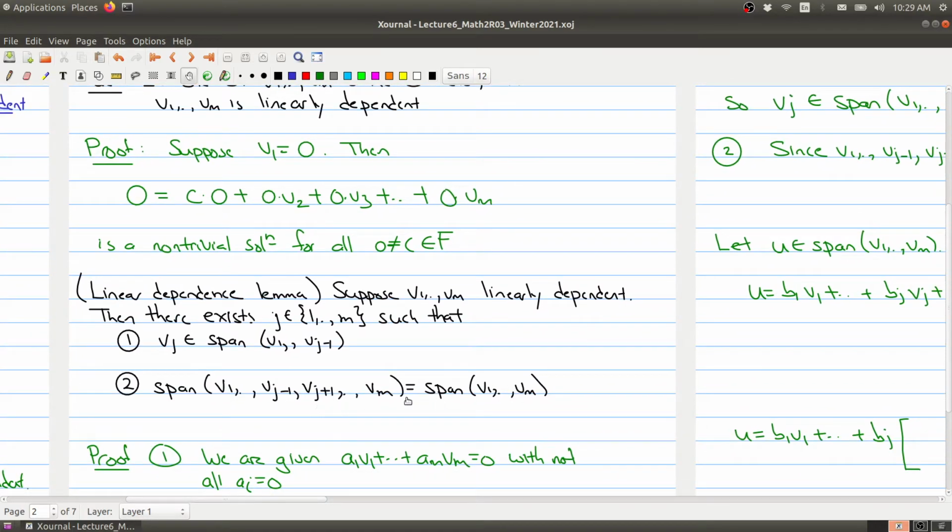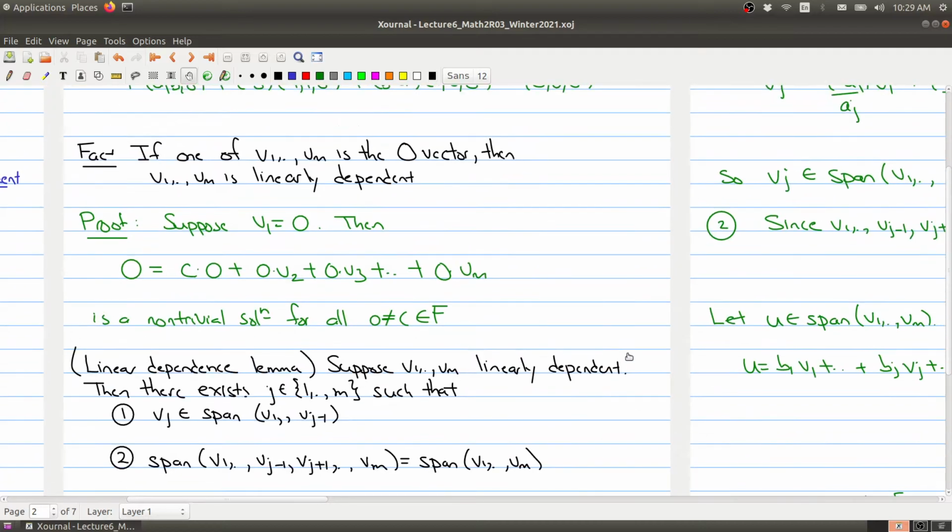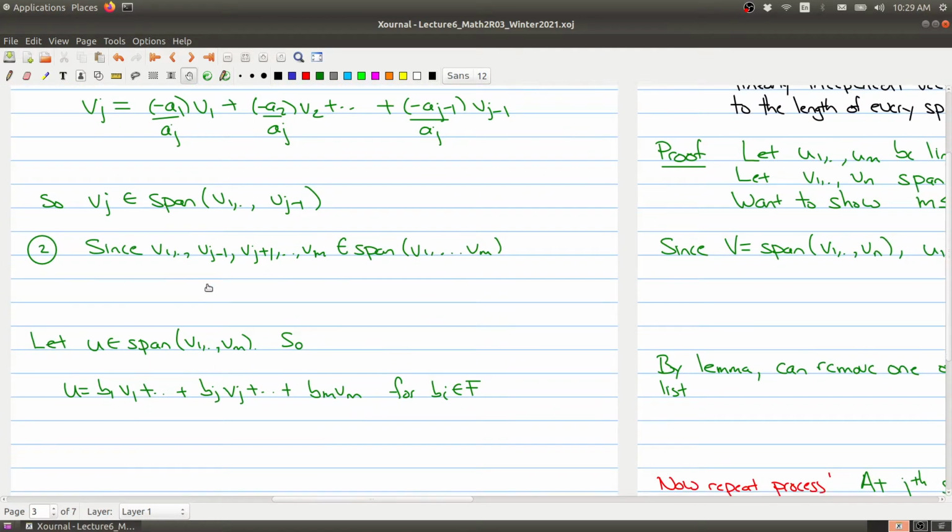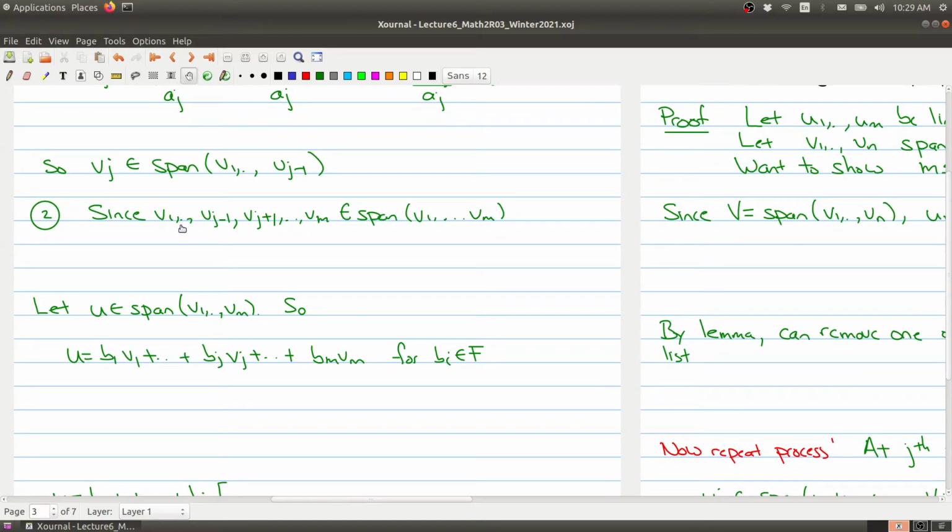Because these are two sets, we need to show that everything on the left-hand side is in the right-hand side and everything on the right-hand side is in the left-hand side. So let's do one direction. Well, one direction is easy. V1, V2 up to Vj minus 1 and Vj plus 1 up to Vm, they all live in the span of V1 through Vm, because these vectors are just a subset of those.